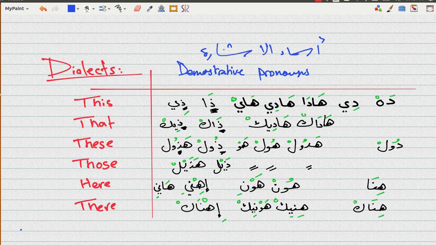So I'm going to read them very quickly again. Da, di, hada, hadi, hai, ذا, ذي, هداك, هديك, ذاك, ذيك, دول, هدول, هول, هو, ذول, هذول, ذيل, هذيل, هنا, هون, هوني, إهني, هاني, هناك, هنيك, هونيك.